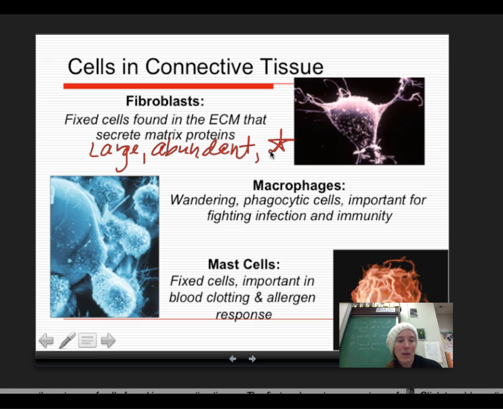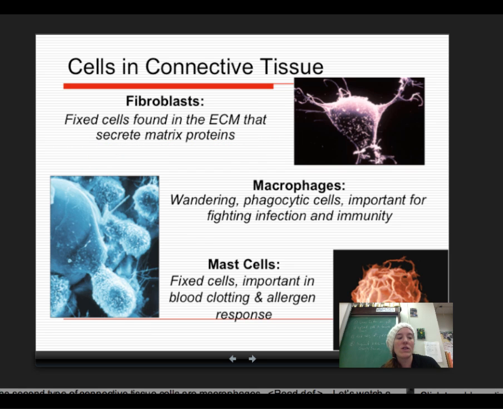So heparin is the chemical that they release that helps to prevent blood from clotting, and that helps your blood to move through your body as it should. And then they also secrete histamine, which promotes inflammation, or when tissues get swollen. You've probably heard of antihistamine like Benadryl, which works to counteract inflammation. And histamine is a really large part of allergen response in the body.